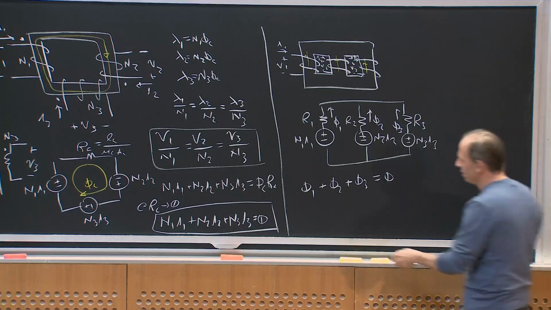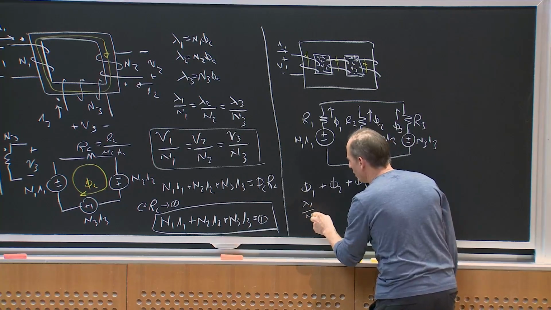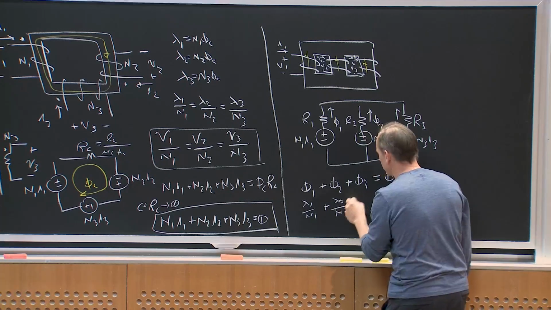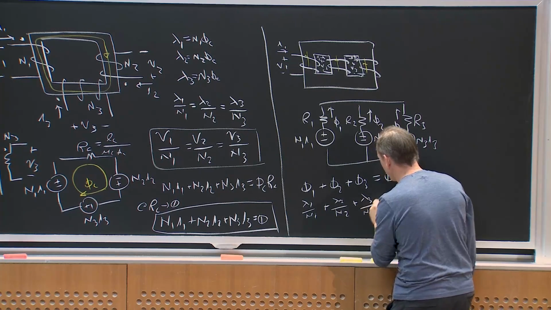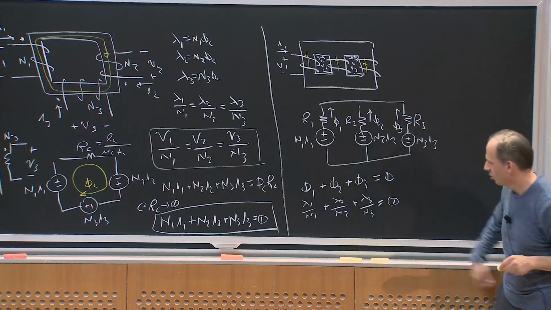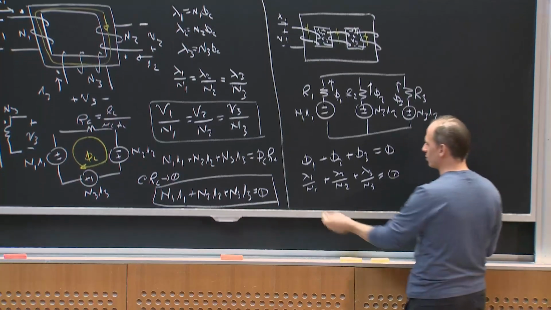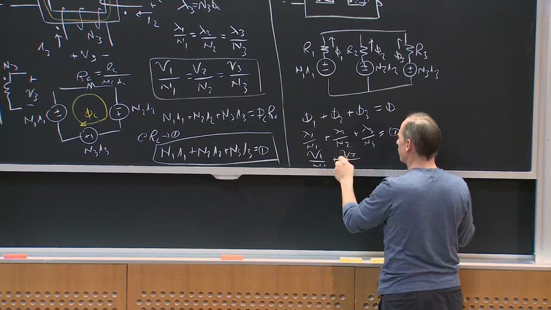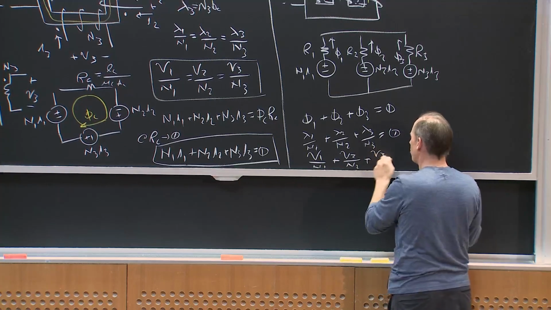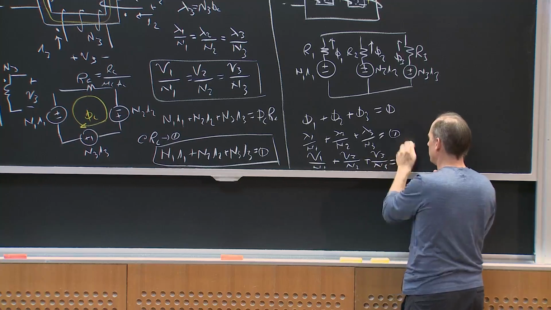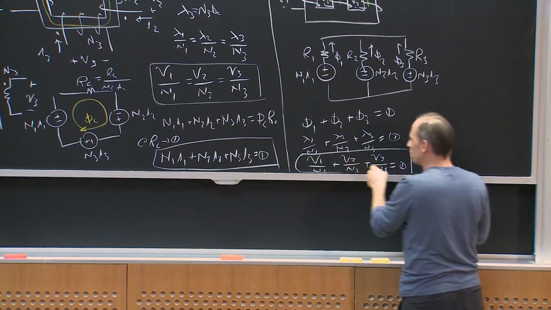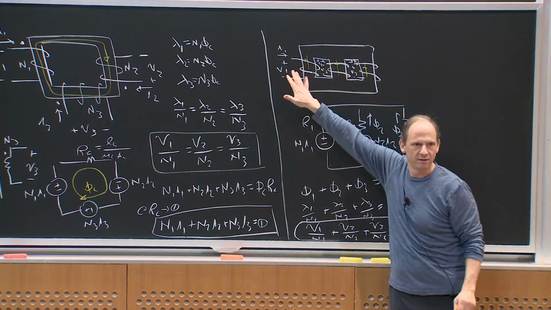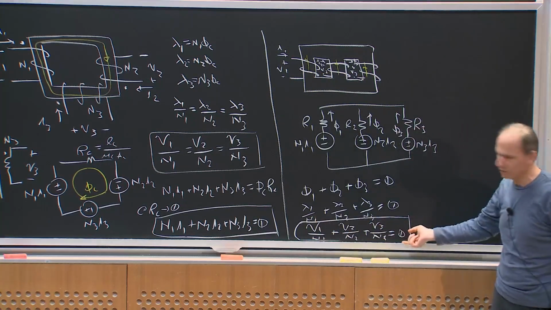That means that lambda 1 over N1 plus lambda 2 over N2 plus lambda 3 over N3 has to equal 0. Or if I differentiate this equation, I get V1 over N1 plus V2 over N2 plus V3 over N3 equals 0. Okay? So I no longer get the voltages on the windings scaling. What I get is the sum of the scaled voltages has to be 0.